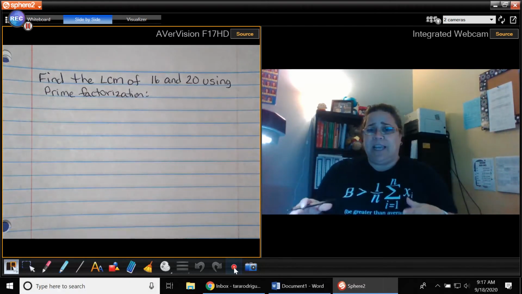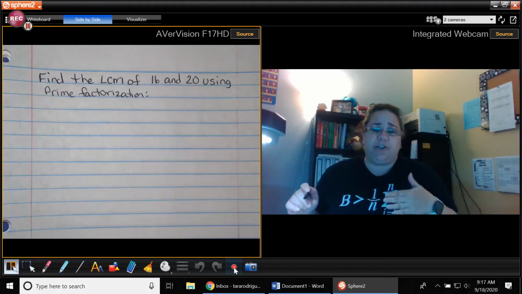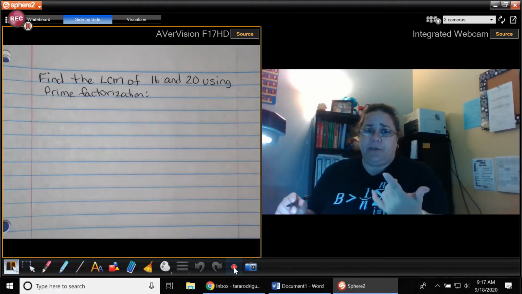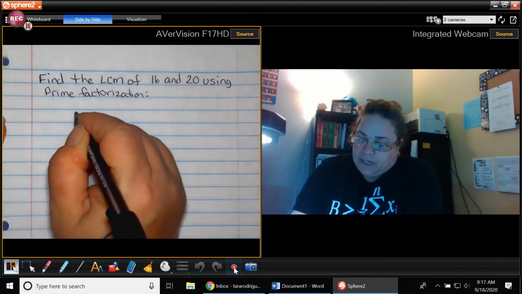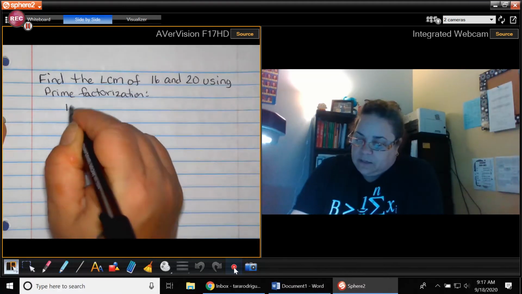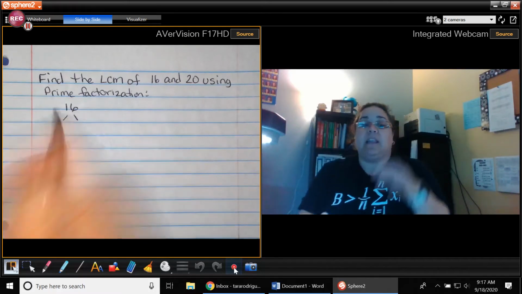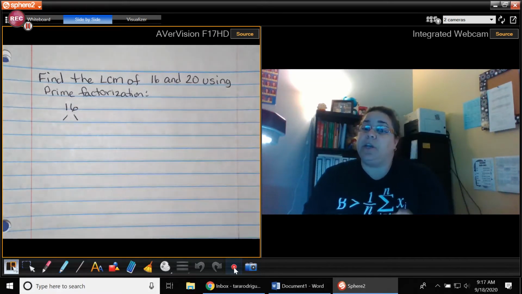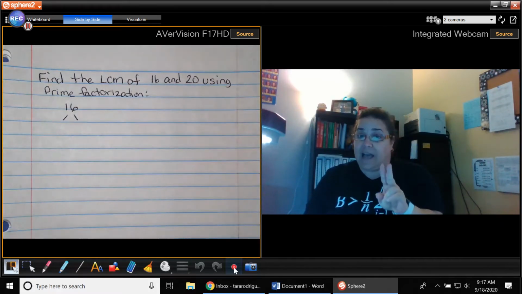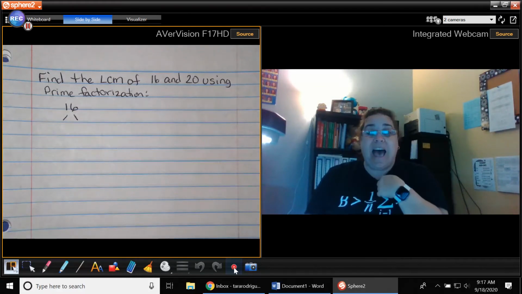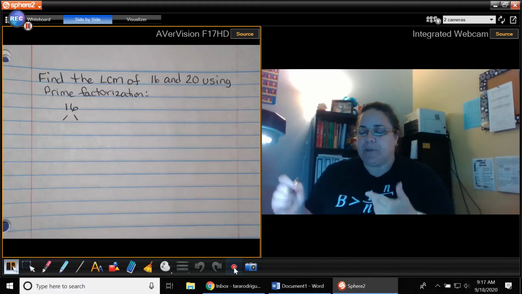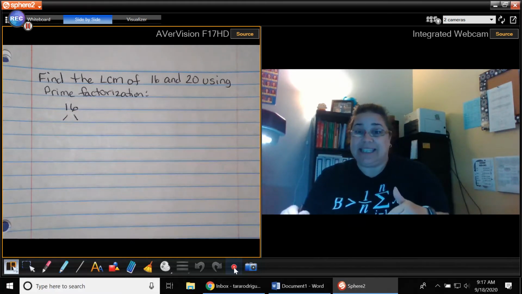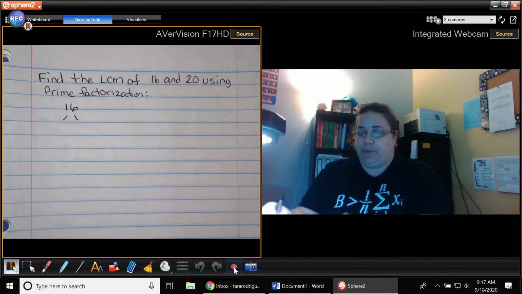So hopefully you remember the first thing you should do is start a factor tree for the first number. So 16. Let's do our factor tree. And like I have said to you before, you can use any two numbers that are actual factors for 16. I like to start with the lowest prime number, so that's what I'm going to do, okay? So the lowest prime number that goes into 16 as a factor is 2.